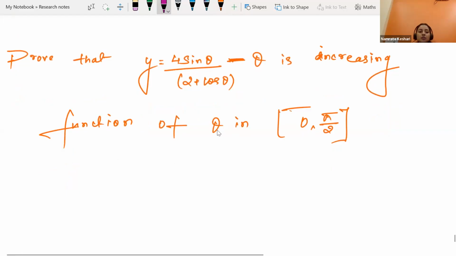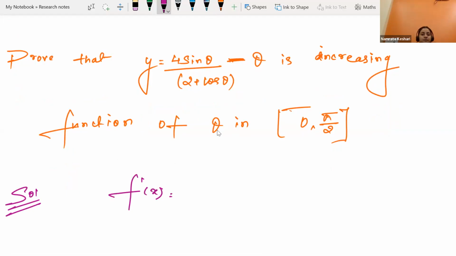So at first what will we be doing over here, Fatima? We'll find f dash x. What will be f dash x? 4 cos theta into the... minus sin theta. Is it so? Yes. The quotient rule we'll be using over here, right?